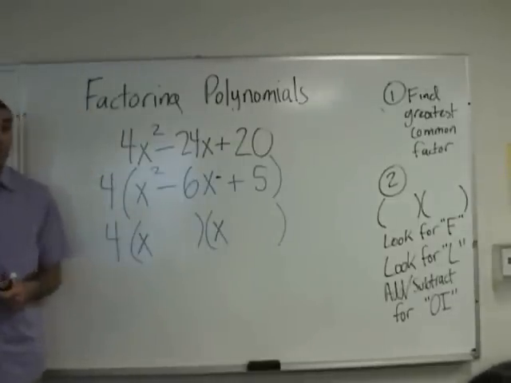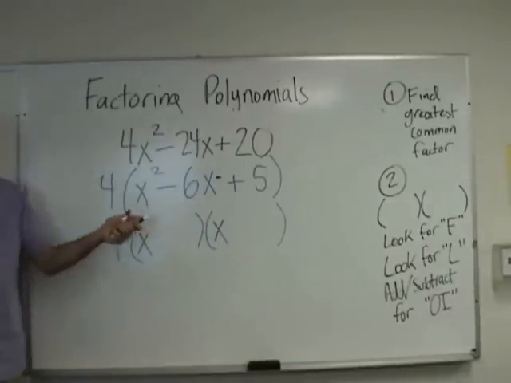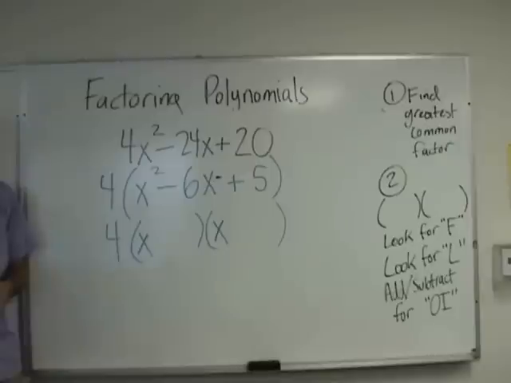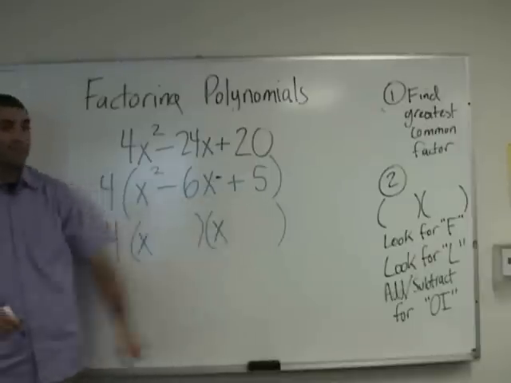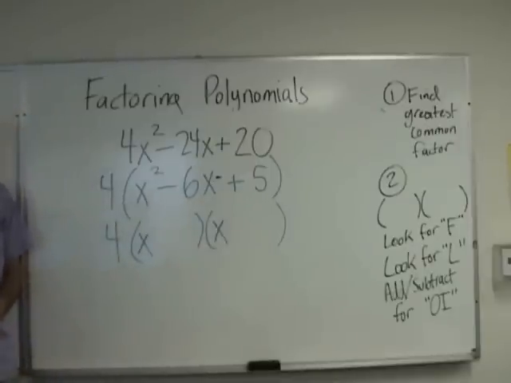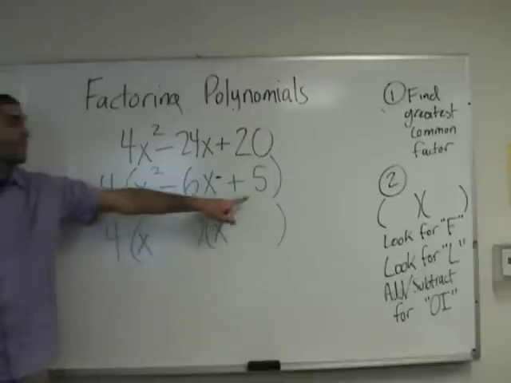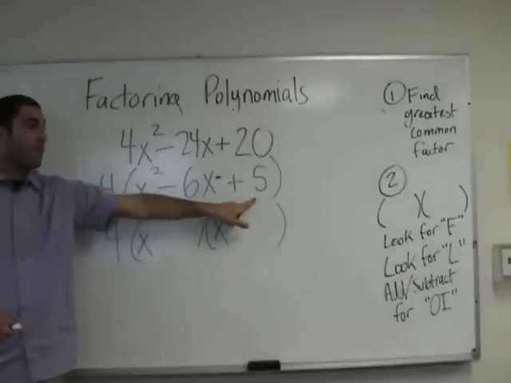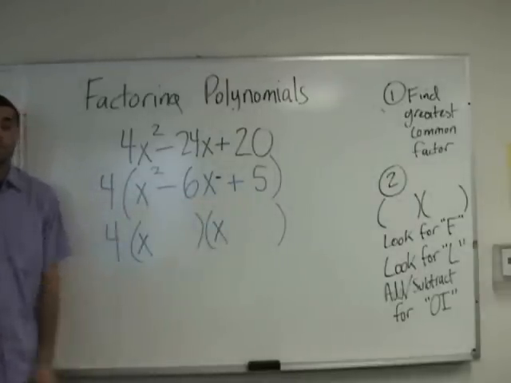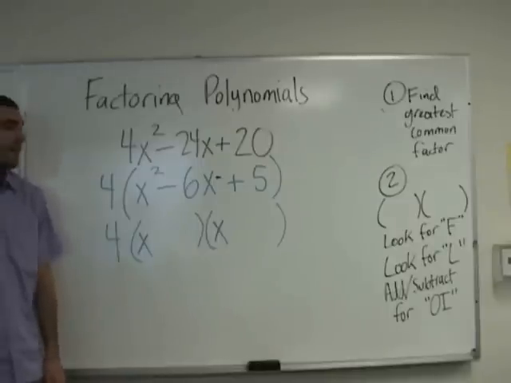Then we look for L, which is the 5. 6 and 1 subtracted is 5. I know, but think of it in terms of multiplying. 3 and 2? Now multiplying to 5, yes. 5 and 1. Yeah, multiplying to 5.